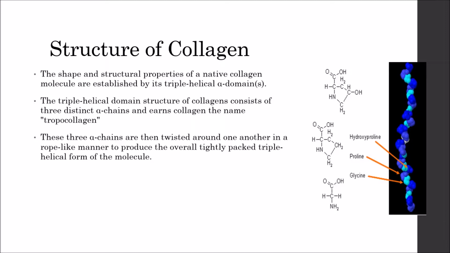The triple helical domain structure of collagen consists of three distinct alpha chains and earns the name triple-collagen. Each of these chains contains a characteristic left-handed amino acid chain sequence of polyproline, often termed the polyproline type 2 helix.